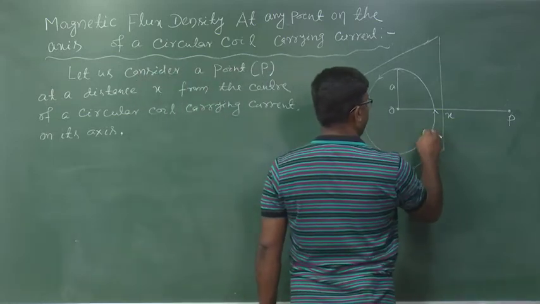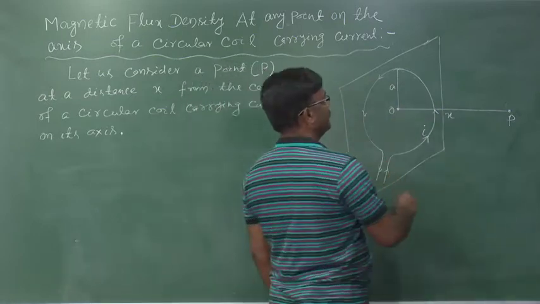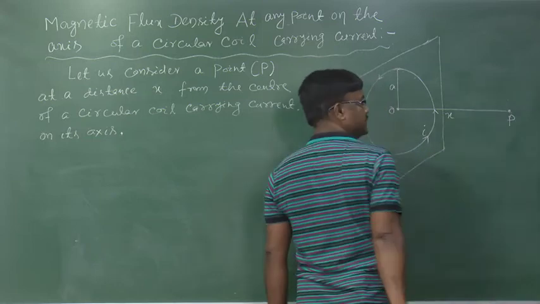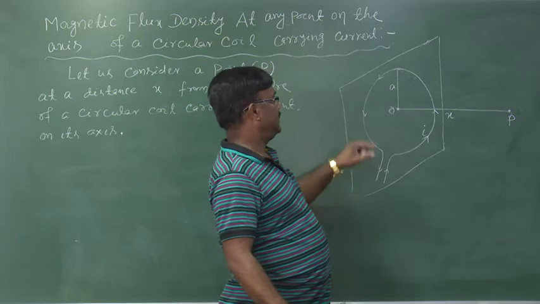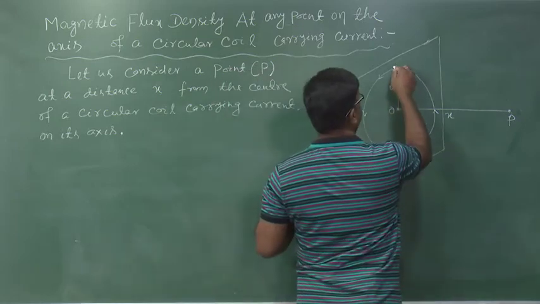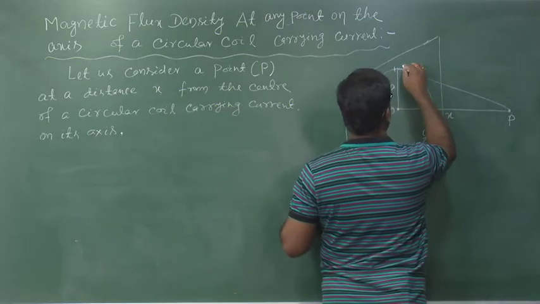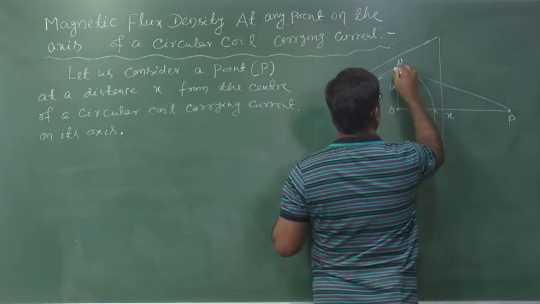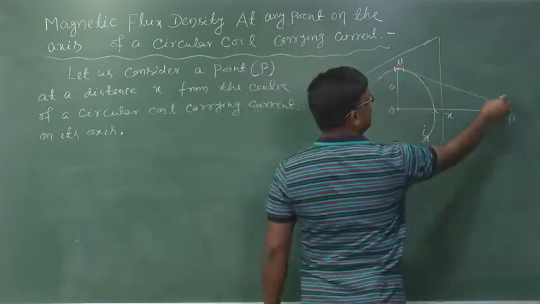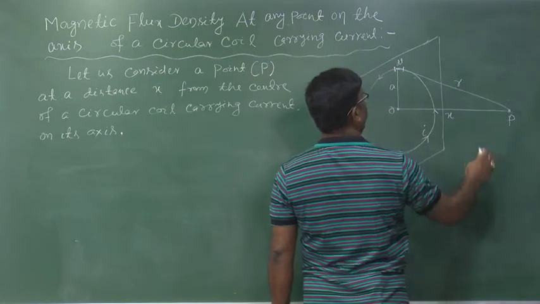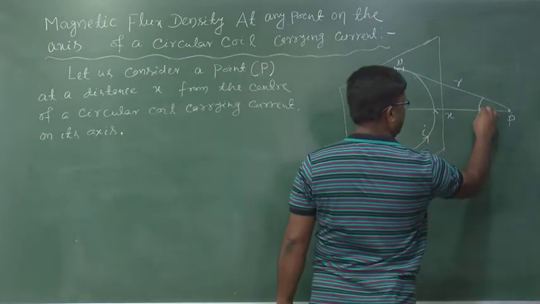Now, the current I is moving through the coil. Now, to get the field strength at P due to the total coil, let us consider an element of length dl at this point, and let the distance of P from the dl is r, and let this angle be phi.